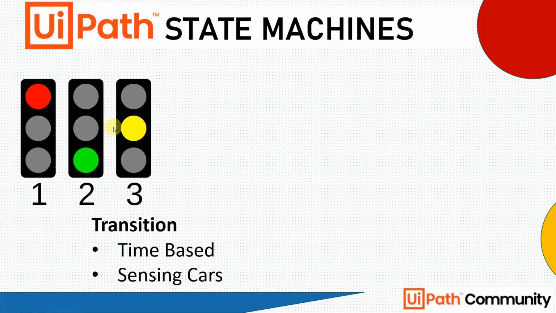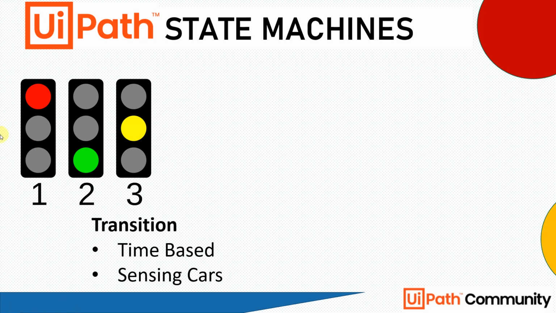And how are the transitions happening? The transitions are happening based on time. So you might have a system which changes the signal every 5 minutes or every 2 minutes, and then you might have a system which senses the cars on the road and then switches the transition. So the idea of the state machine is that whenever something changes from one state to a different state, it always depends on what state you are on, right?